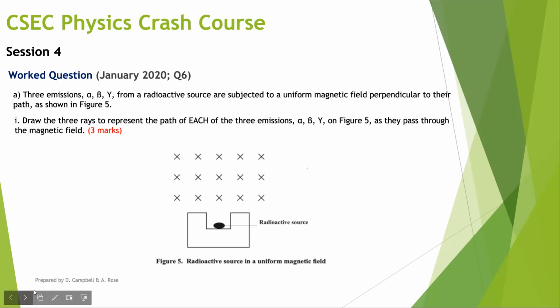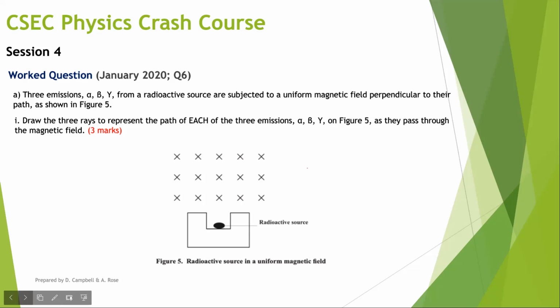Right. So it was mentioned earlier that alpha particles and beta particles are affected by magnetic and electric fields because they have charges. However, gamma radiation will not be affected by either a magnetic field or an electric field. Now, to determine the path that the radiation will take, we can use Fleming's left-hand rule.